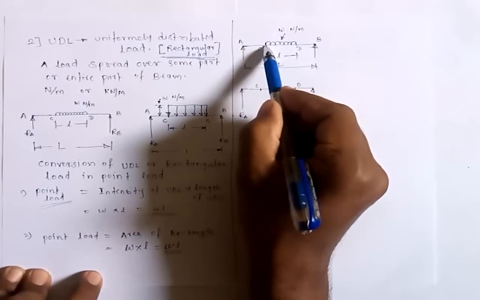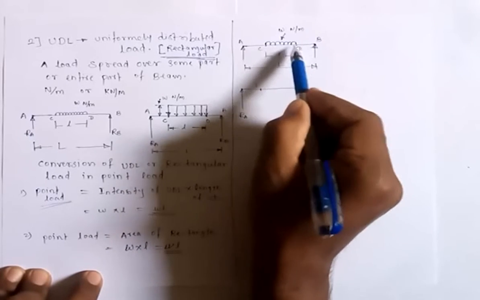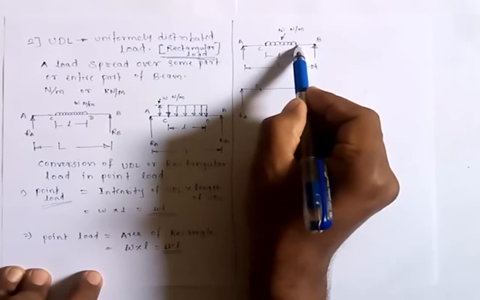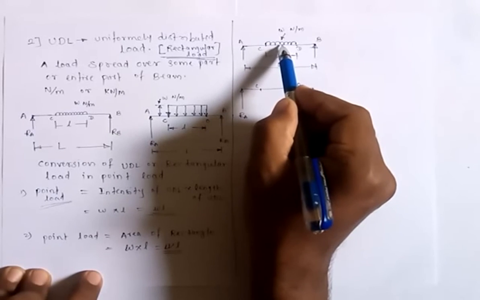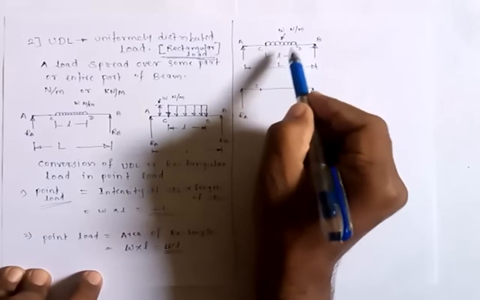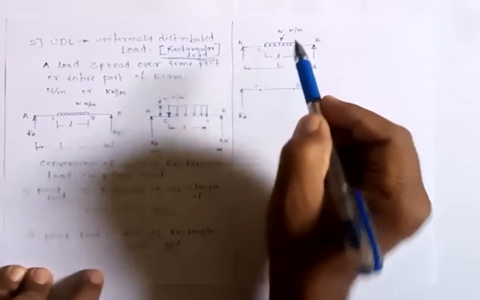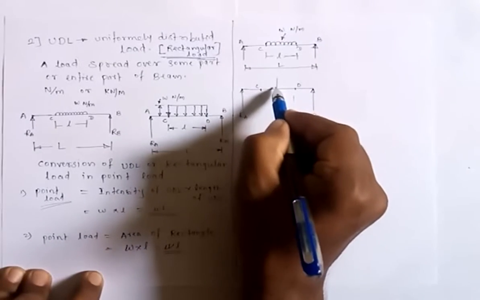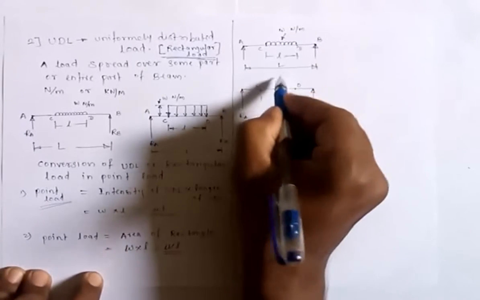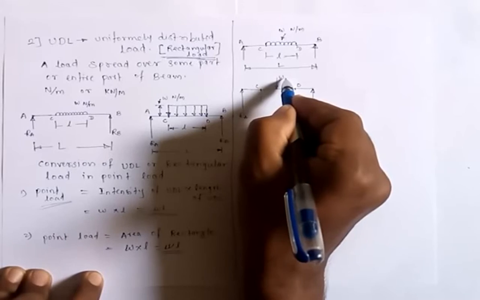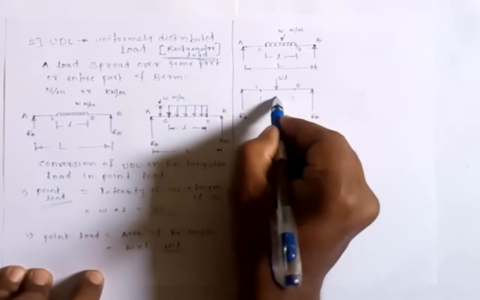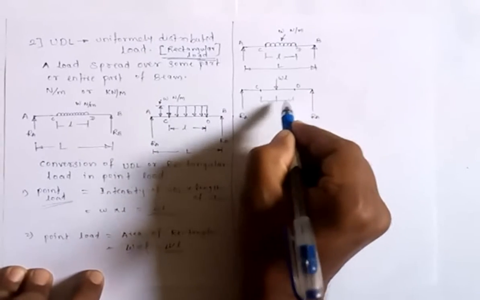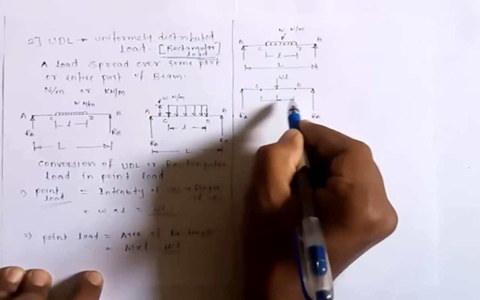So when the UDL is acting between point C and D, then the point load obtained from the UDL will act exactly at the center of C and D. So here total length is L. From C and from D, at a distance of L by 2 from both ends. So this is WL, and this is the distance at which it will be acting.